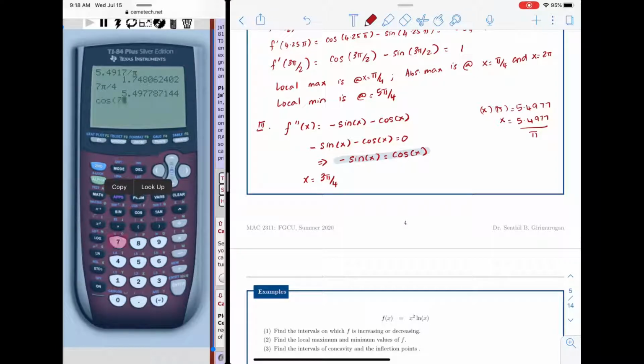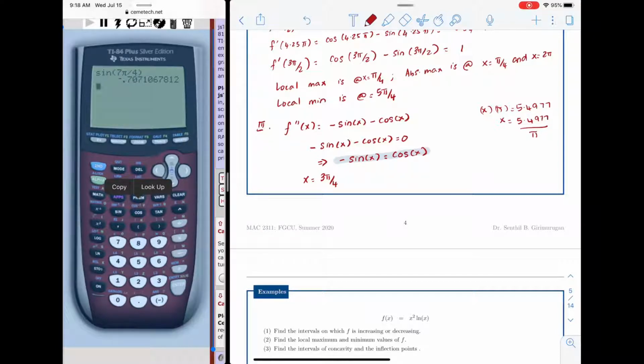Cosine 7 pi over 4 is 0.7071, and sine 7 pi over 4 is minus 0.7071. So the next point is 7 pi over 4.